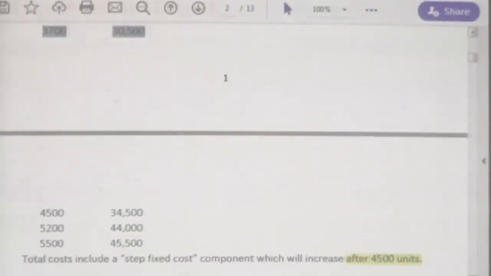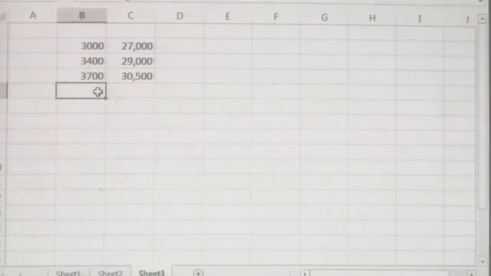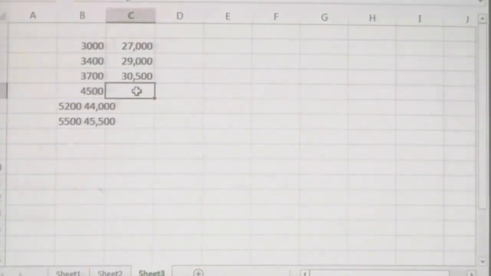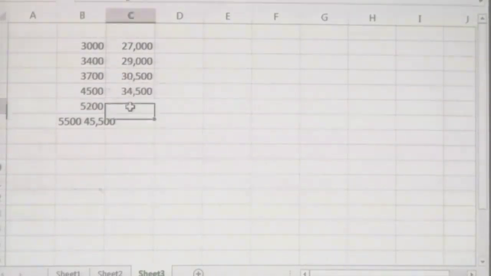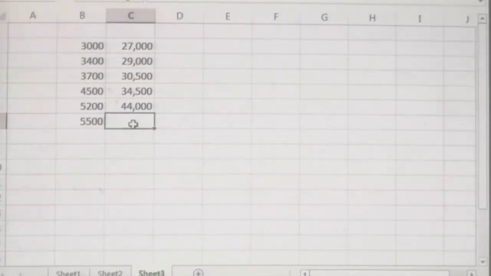We have 6 information. Right, these are the information given.